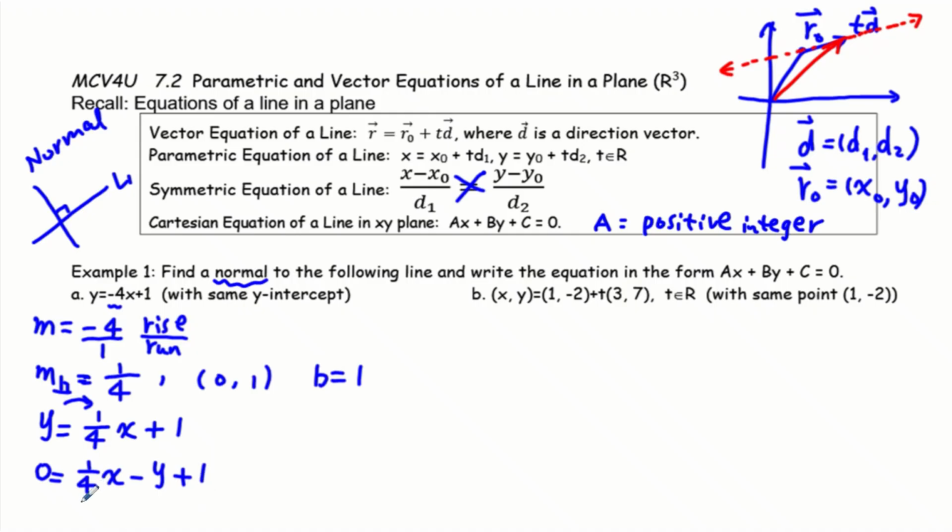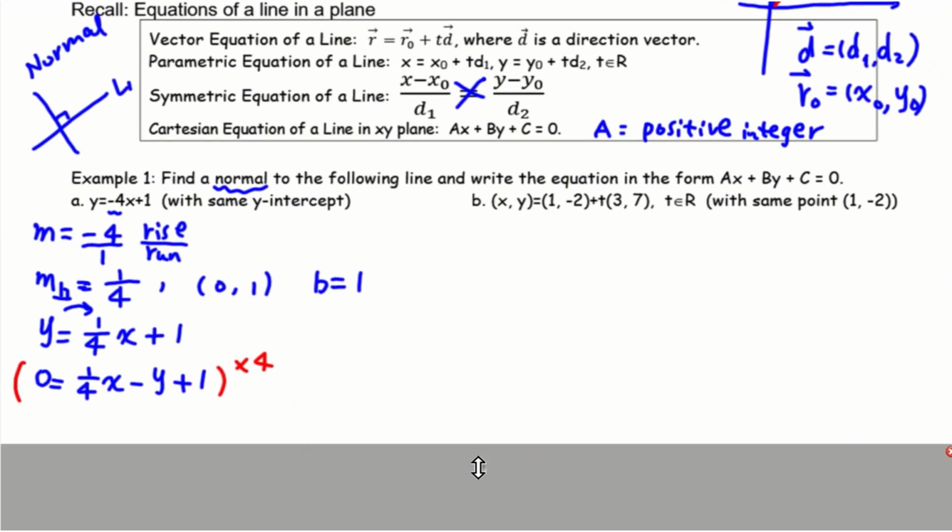Then we don't want to see a fraction in front of x. How to get rid of it? We could just times 4 to each term, times the denominator to each term.